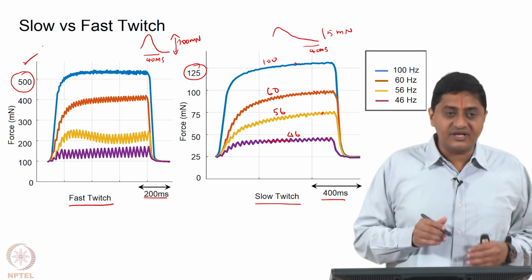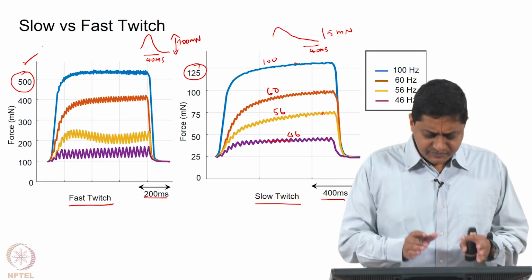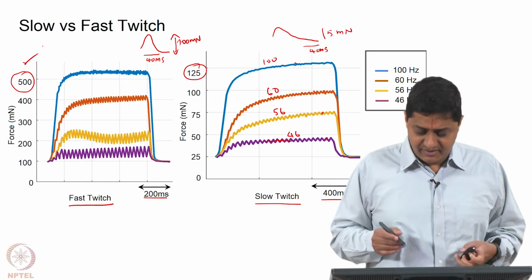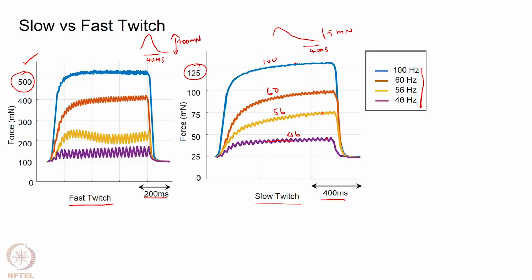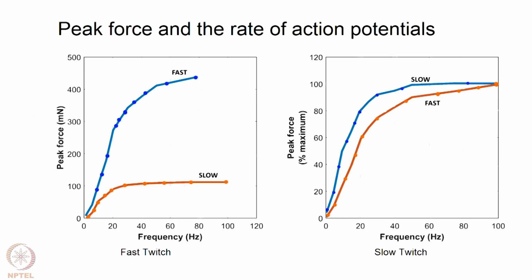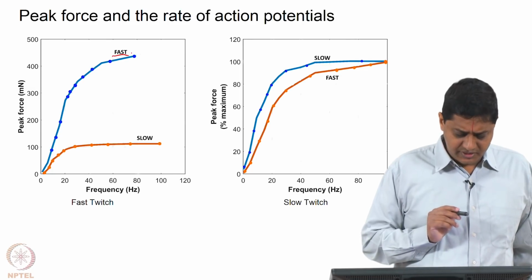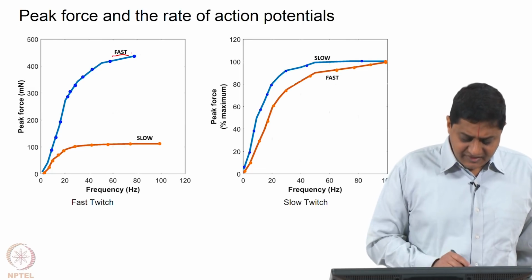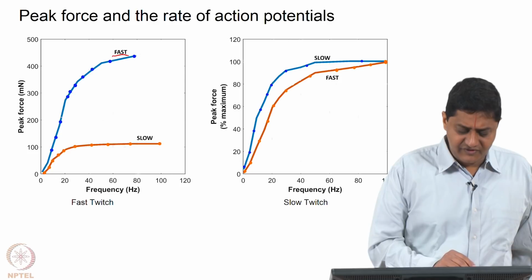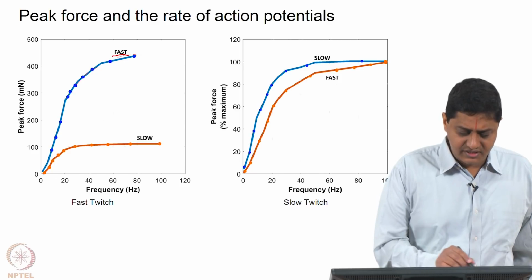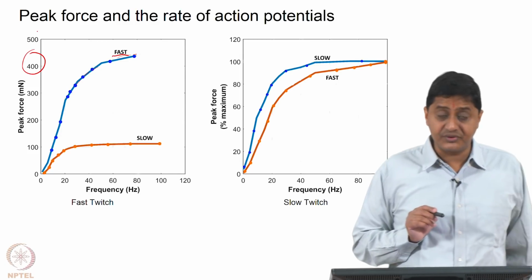The point here is that there are these two extreme cases in which these motor units can come in, and this varies as a function of stimulation frequencies and motor unit properties. The peak force that is produced is a function of stimulation frequency, we said that. In the case of a fast motor unit, as you increase the frequency, the amount of force that is produced increases to a very high level, as high as 400 to 500 millinewtons.